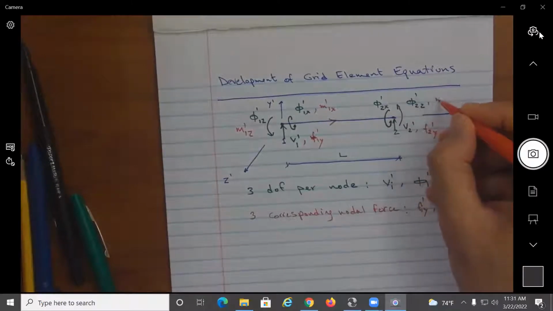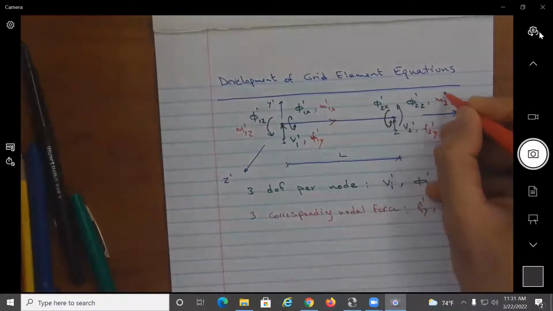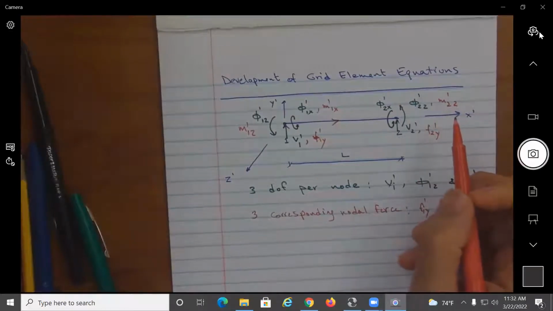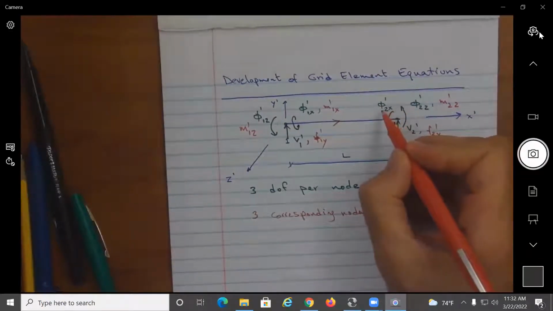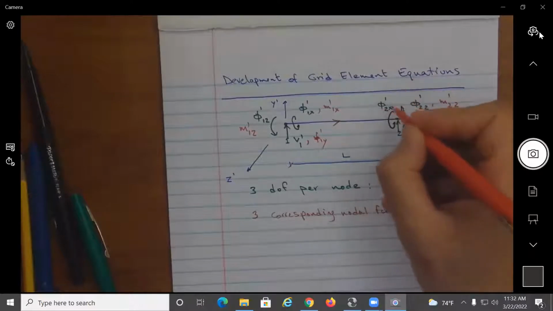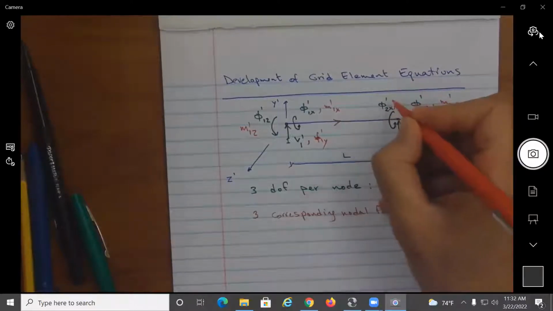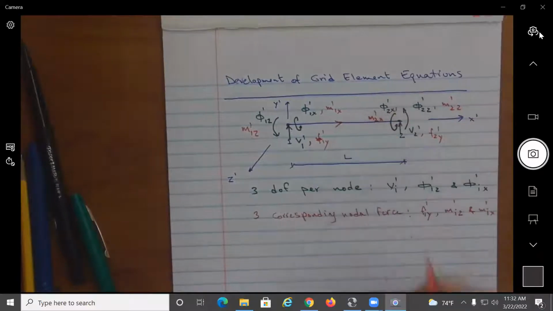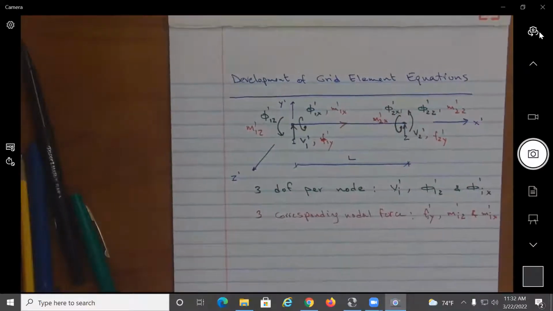Here I'm going to get M2Z prime. And by the way, this M2Z is the bending moment, right? And corresponding to F2X prime, I'm going to get an M2X prime. This M2X prime is like the torque.